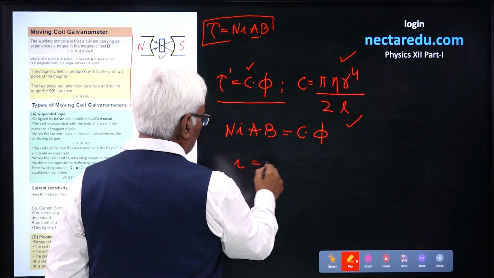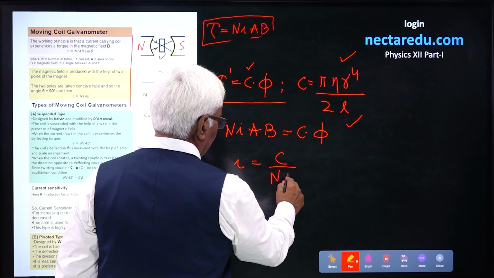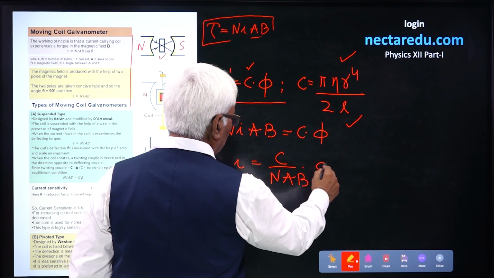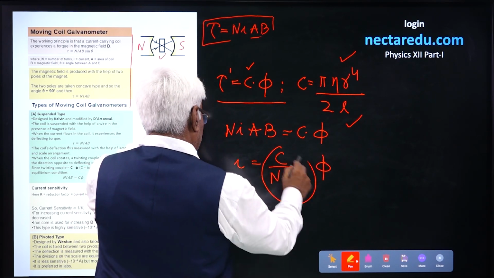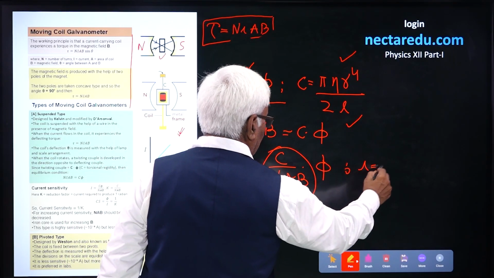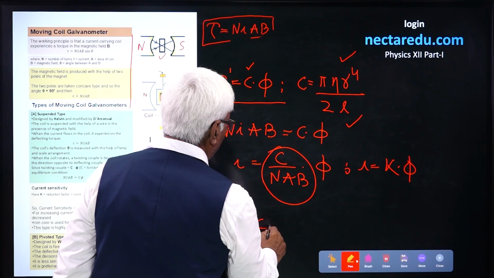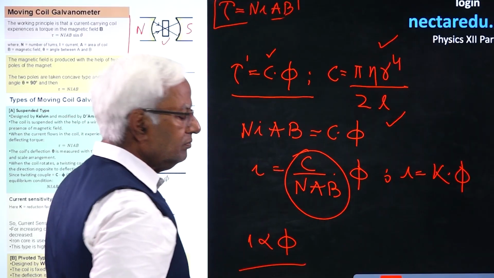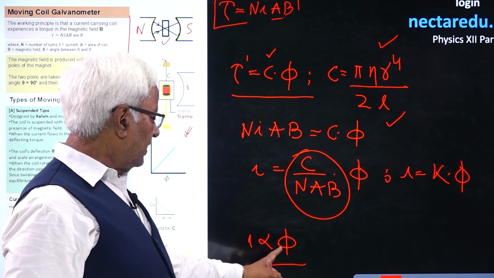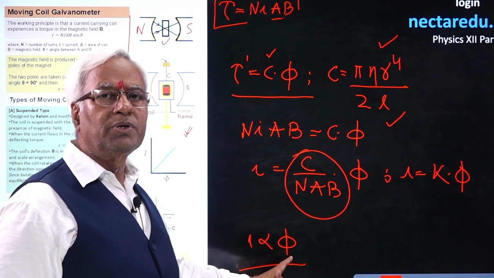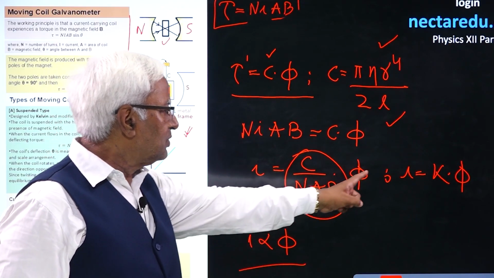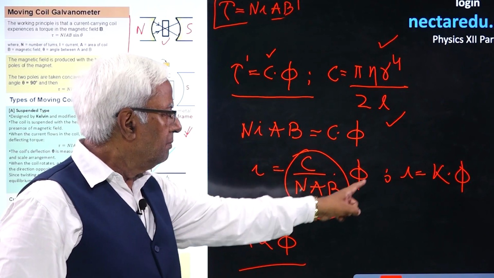Now, I equals C upon NAB into phi. See, very interesting it is. You get I equals K into phi, I proportional to phi. The deflection produced here is directly proportional to the current. We have replaced C upon NAB by K.